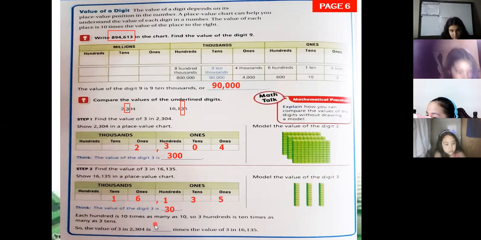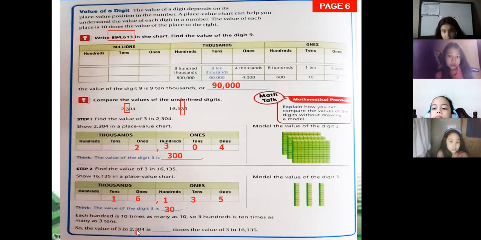So each hundred is 10 times as many as tens. So 300 is 10 times as many as 3 tens. So what is the value of 3 in 2,304? 300. Yes, but how many times of this value?